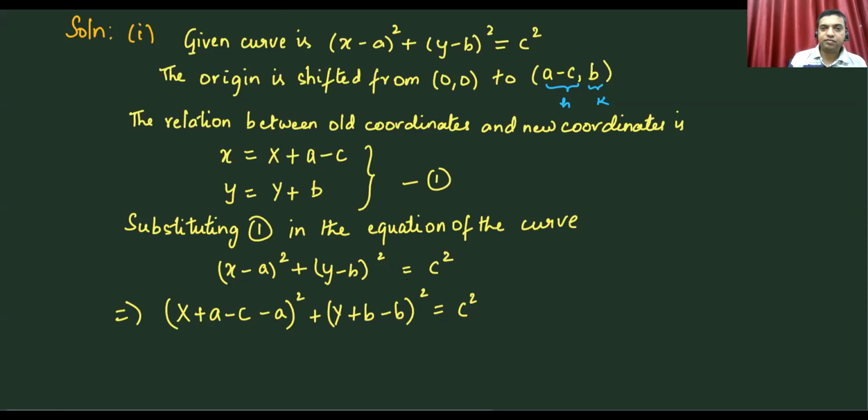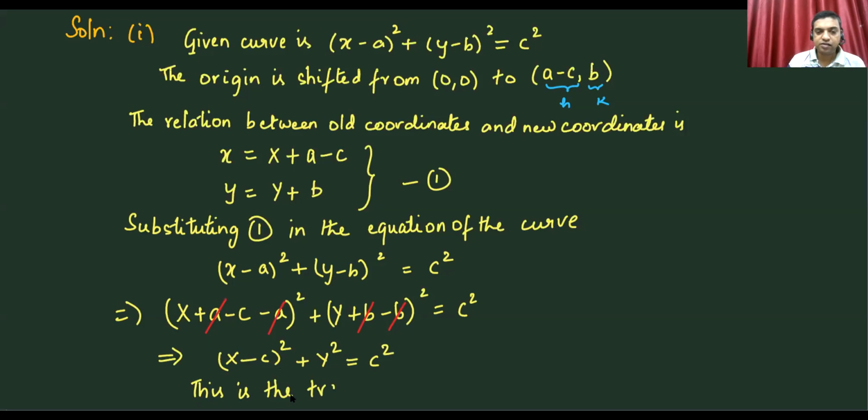So this a cancels, b cancels. We are left with (X − c)² + Y² = c². This is the transformed equation.